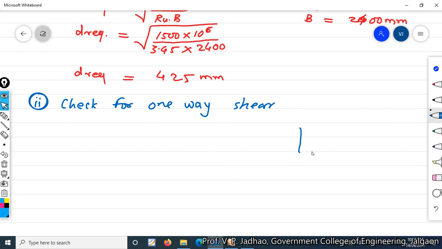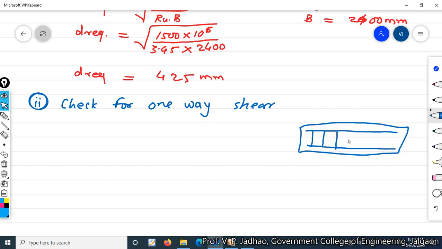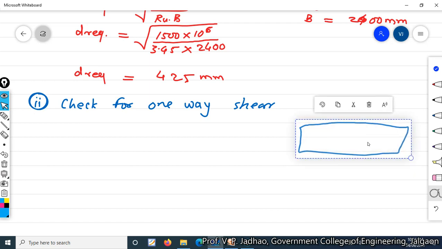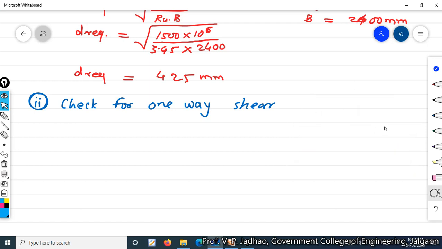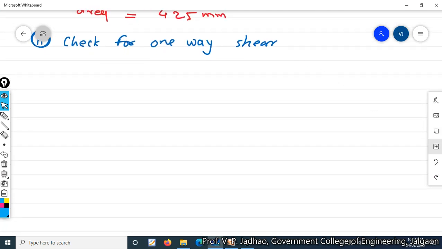In case of beams, we provide top and bottom reinforcement, along with shear reinforcement or stirrups for carrying the shear. But in case of these footings we won't be providing any stirrups. Therefore the main thing resisting the shear will be the depth of your footing, and in turn it will be the concrete only. Therefore we have to check this from the one-way shear point of view.